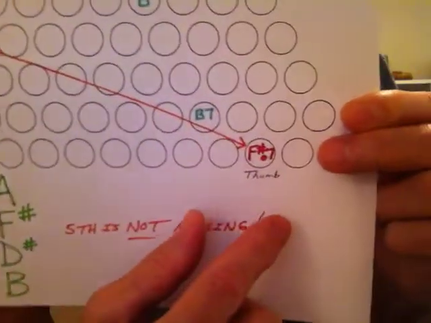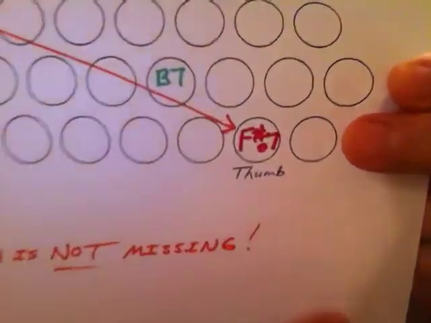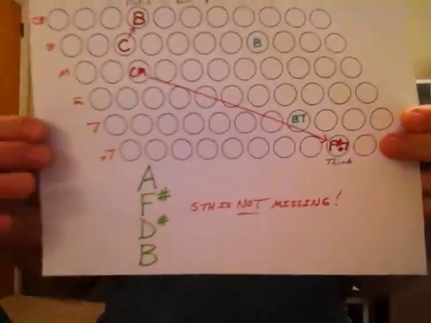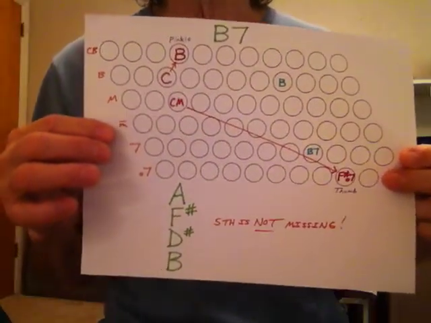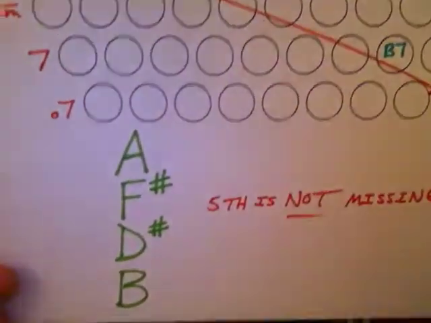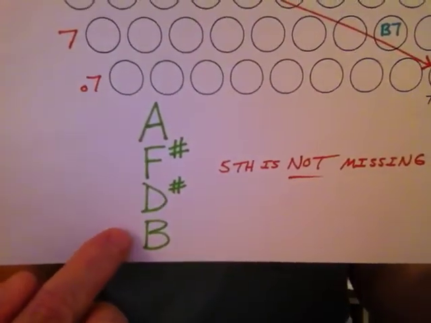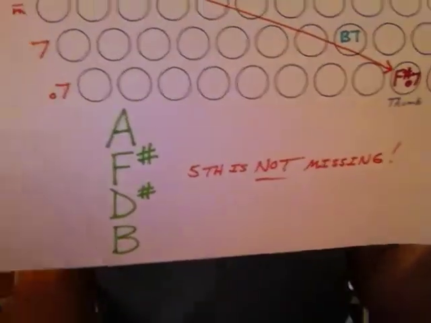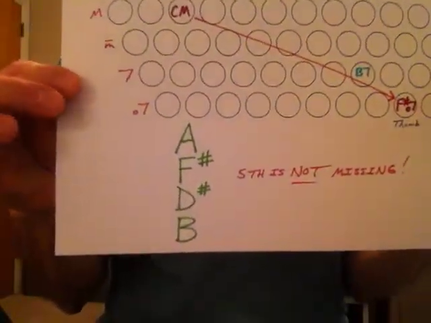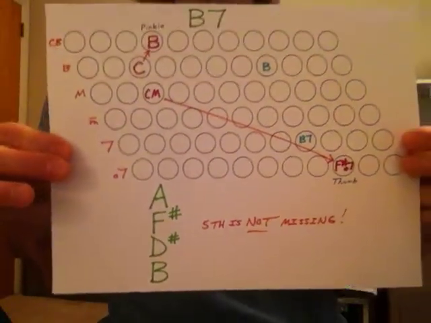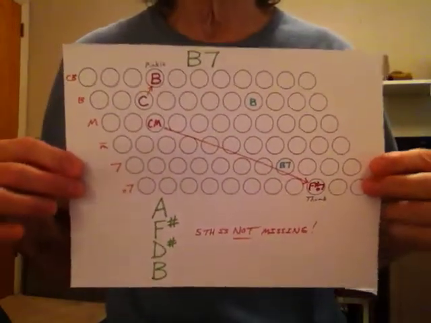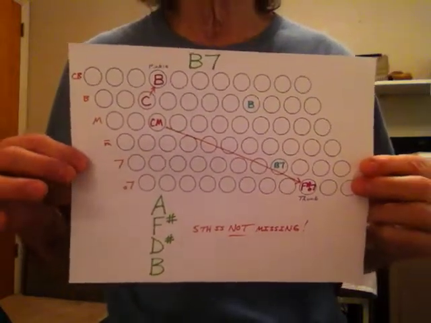And then with your thumb, you catch the F sharp diminished 7 button, and you not only have your B dominant 7th chord, but you have the full B dominant 7th chord, and the 5th is not missing. I tried to stress this repeatedly in my videos, and I got to tell you, this is the heart of the matter. I should have showed this early on, and I was remiss. I goofed up. I forgot to show this.